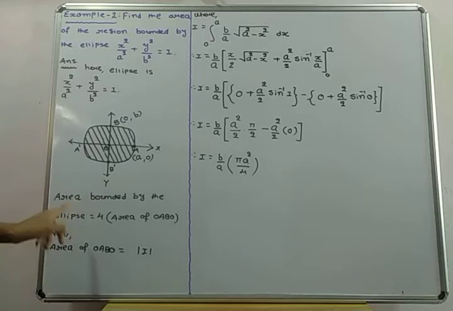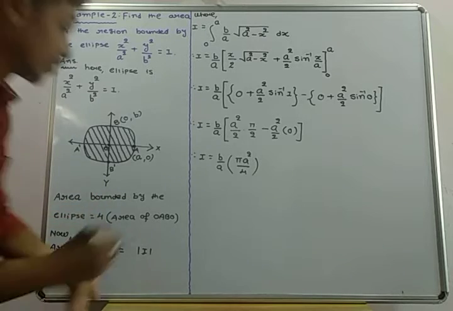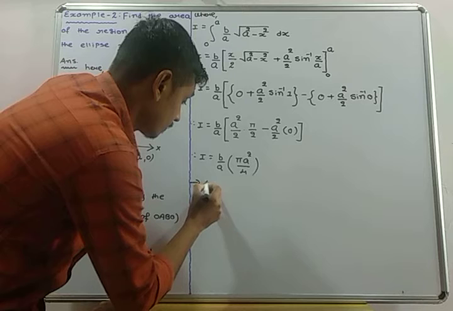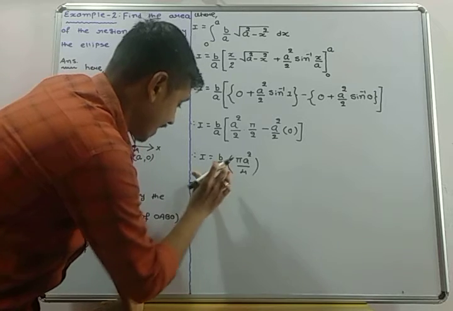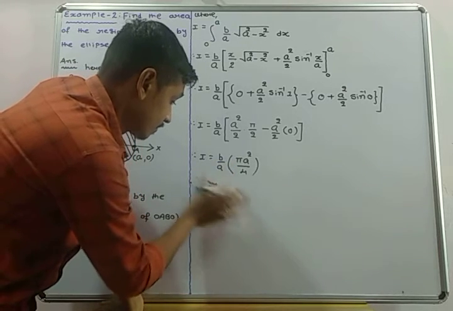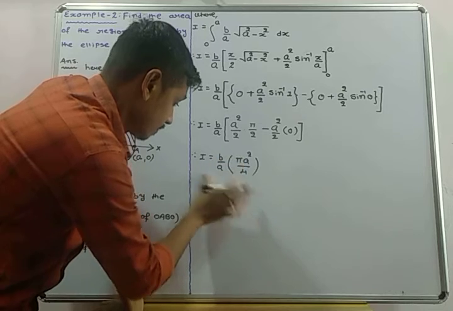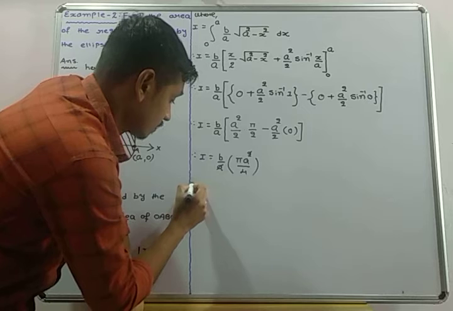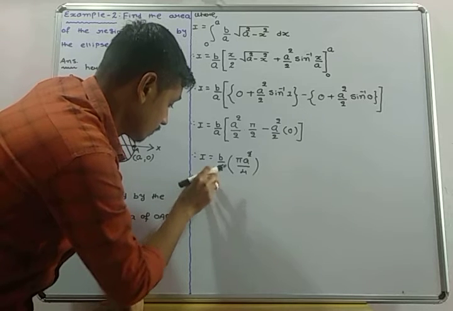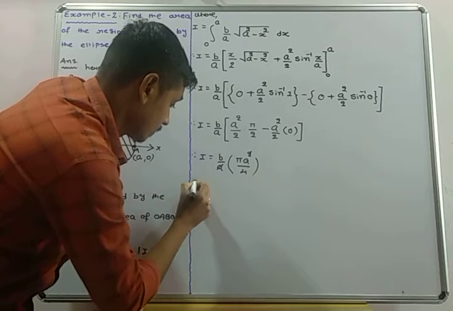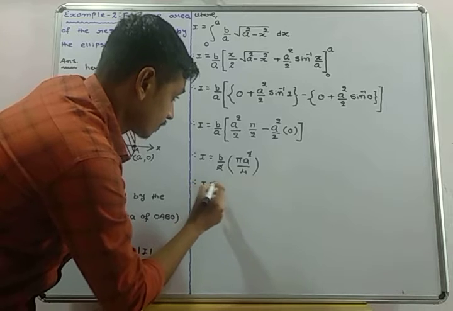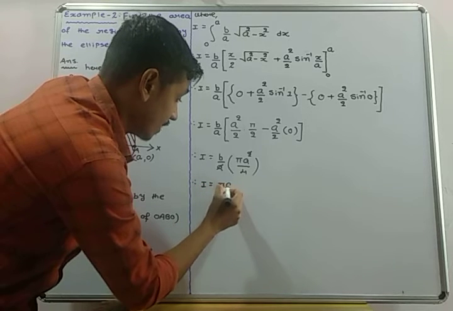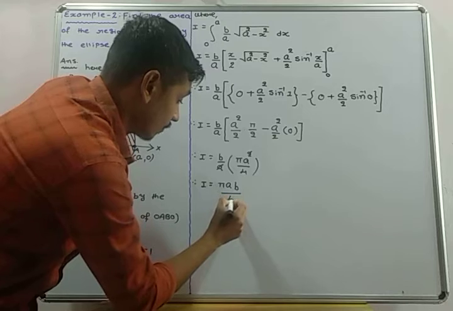Now area bounded by the ellipse equal to... let us calculate I here. A cancels. So I equal to pi into 1 time A into 1 time B by 4.